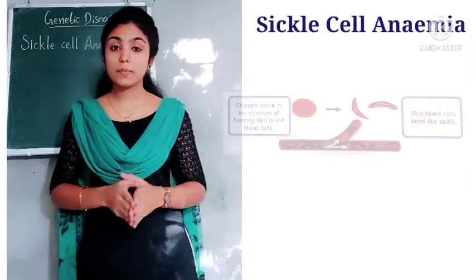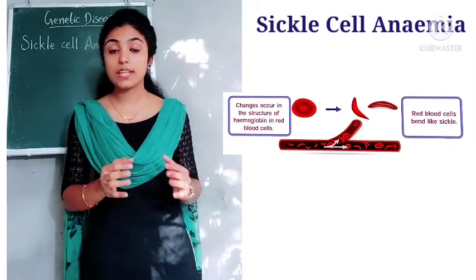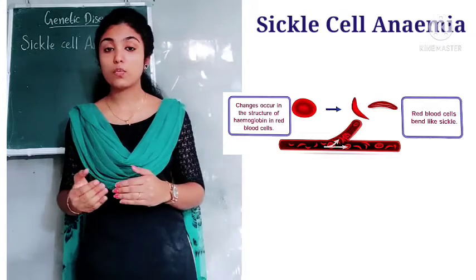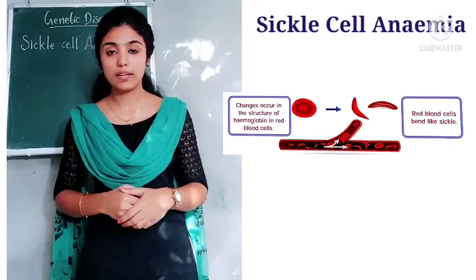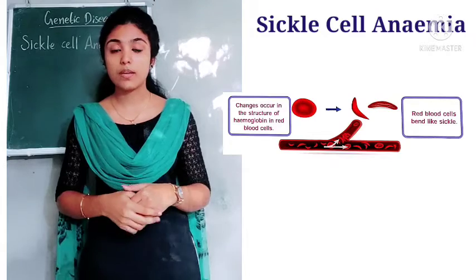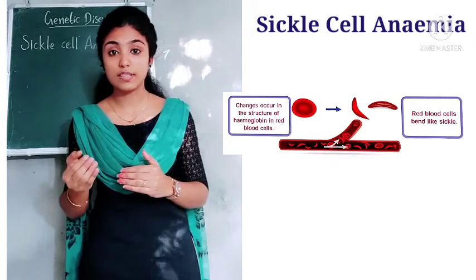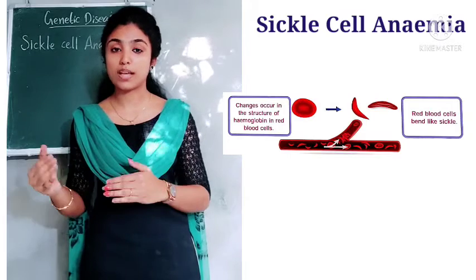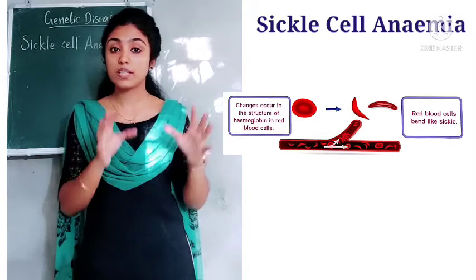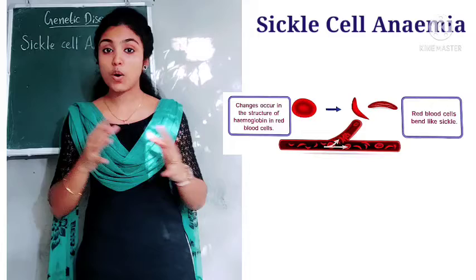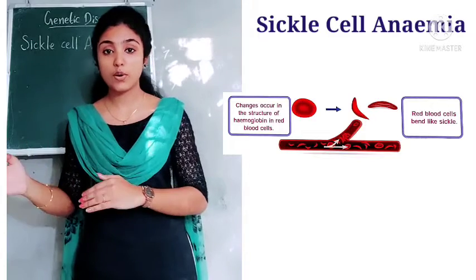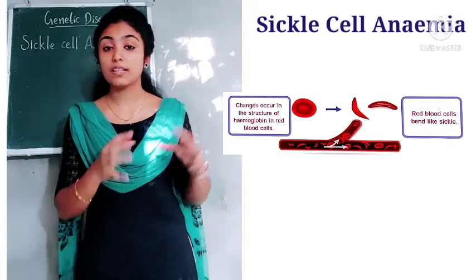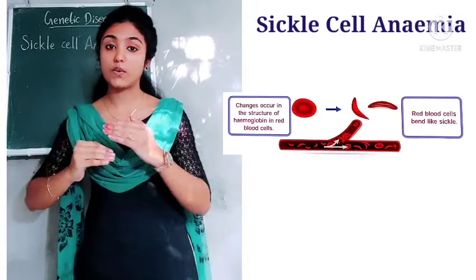Sickle cell anemia is caused because of a change in the structure of hemoglobin. We know that hemoglobin is a pigment which gives red color to the blood. Because of some deformities in the genes, there will be problems in the arrangement of the amino acids of the hemoglobin. Hemoglobin is made up of amino acids, and if there is a deformity in the gene, there will be a problem in the sequencing of the amino acids.